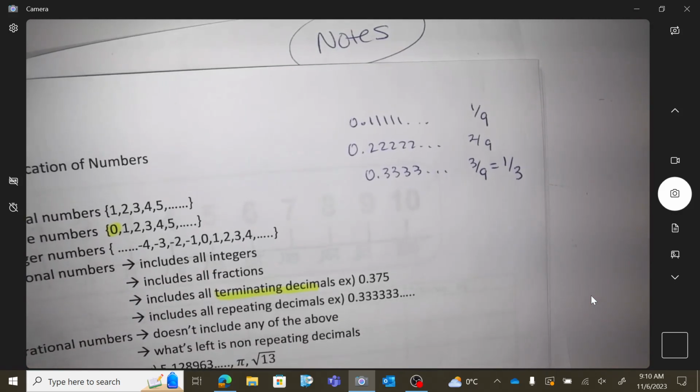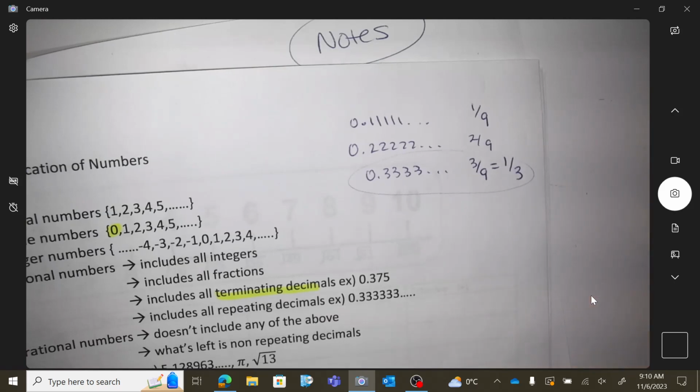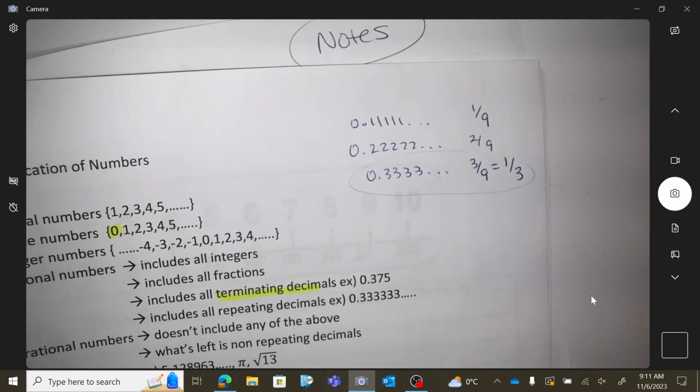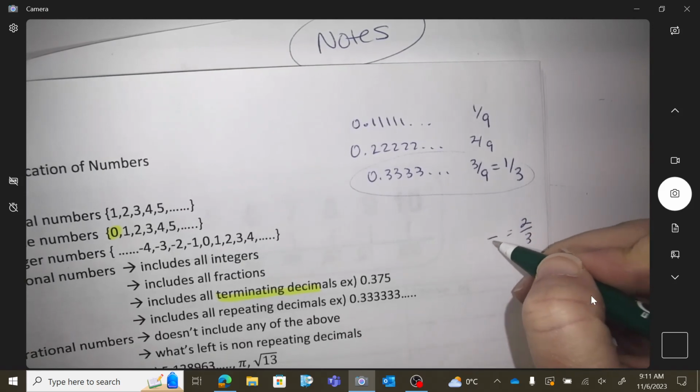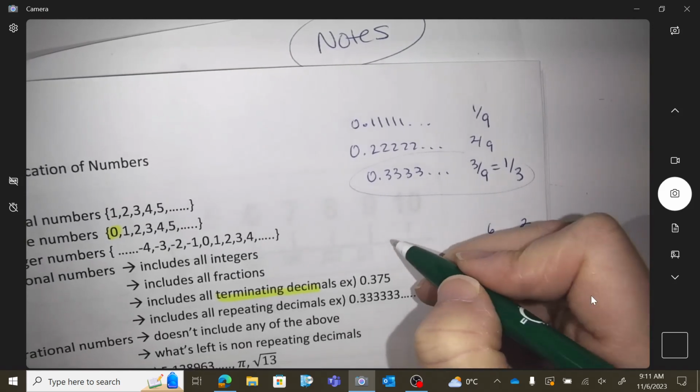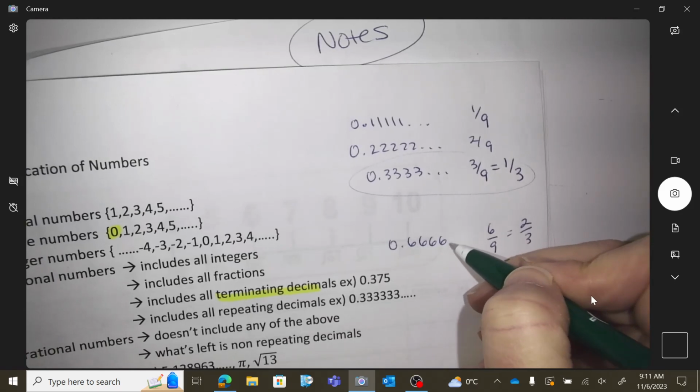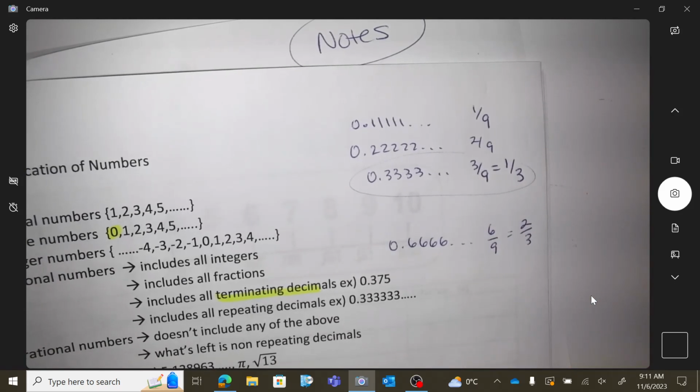This is one that gets used commonly in math, 1/3. What is 2/3 then? Because out of 9, it would be 6, so then it's 0.66666.